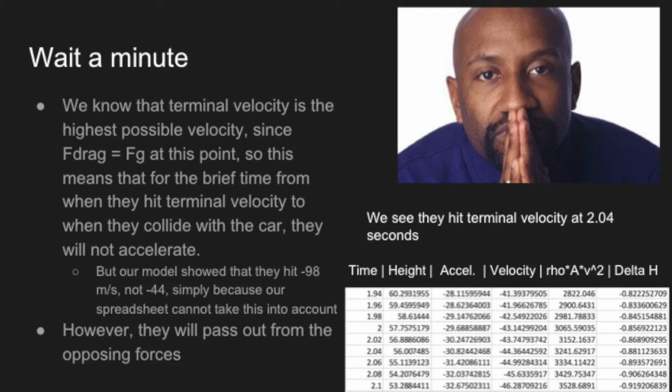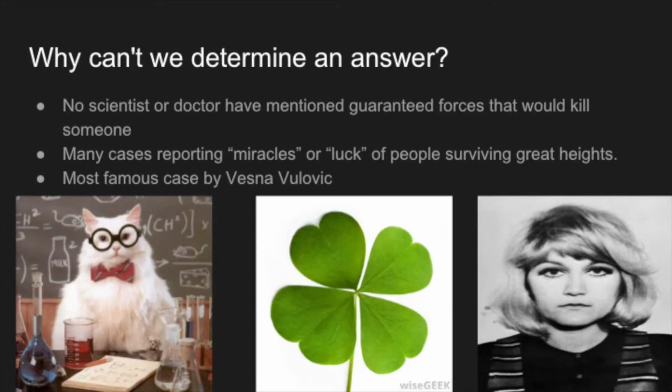So basically, what we've come across here is one of the biggest issues in this whole scenario: why can't we determine an answer on exactly how much force is needed to kill a human being falling from that distance? After doing some research on articles and websites, no scientists or doctors have mentioned any guaranteed numbers on how much force it would take to kill someone.